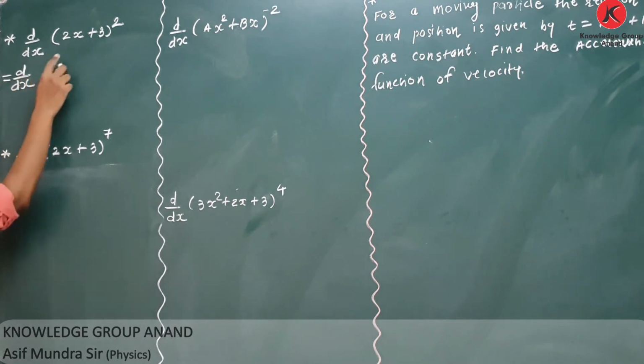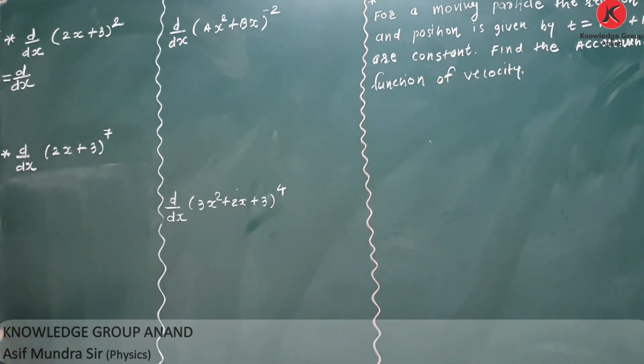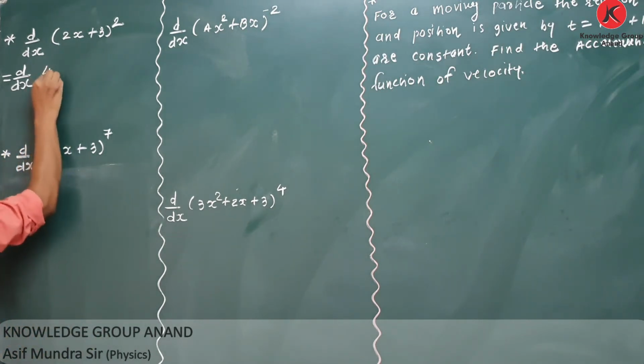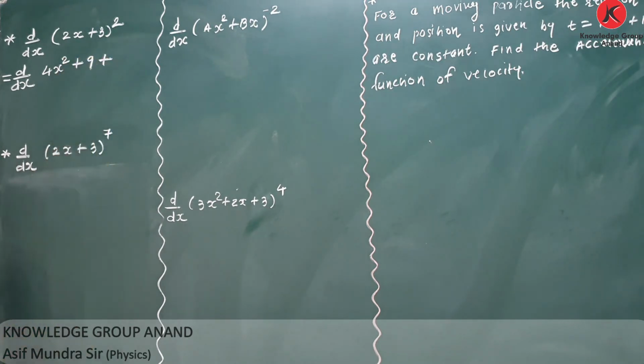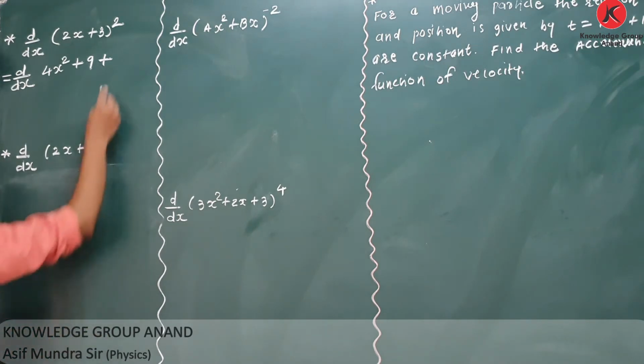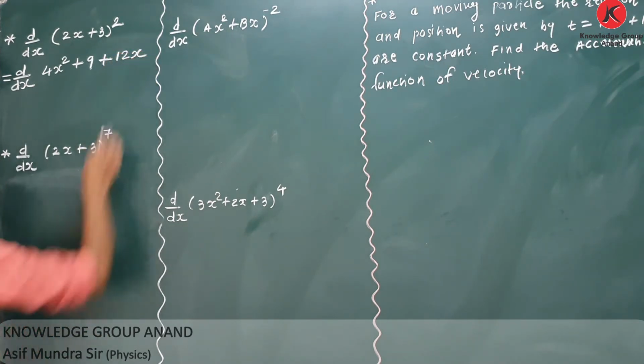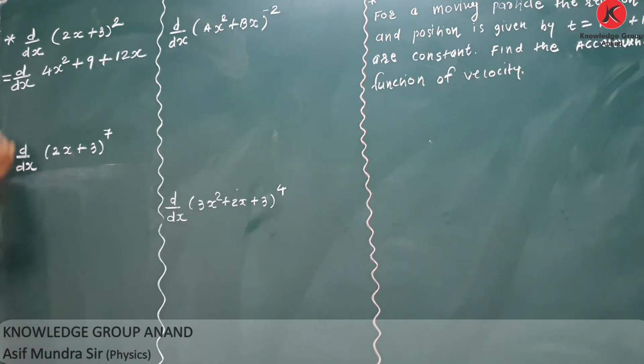You know how to find the whole square. Then you can easily find its solution. (2x) square is 4x square, plus 3 square is 9, plus 2ab means 2 into 2x into 3, that is 12x. Clear about this? And now you know how to find its differentiation.